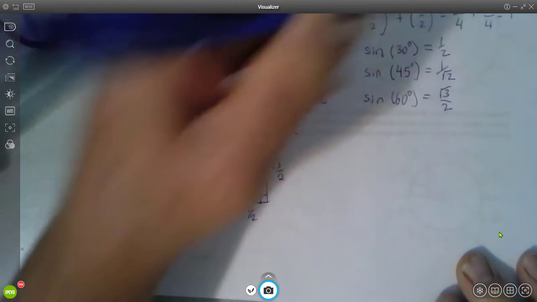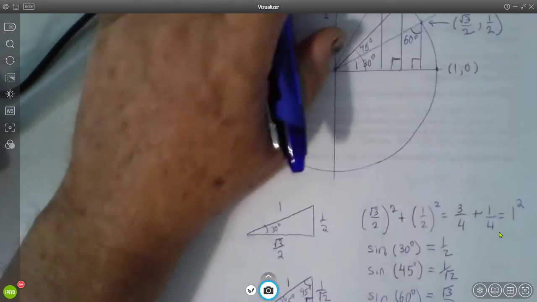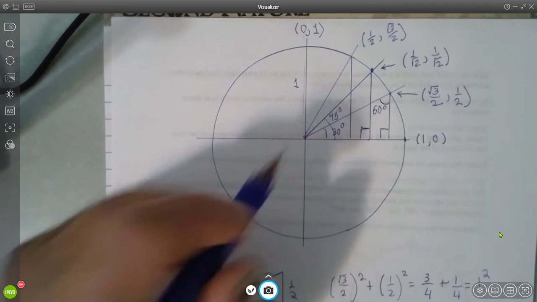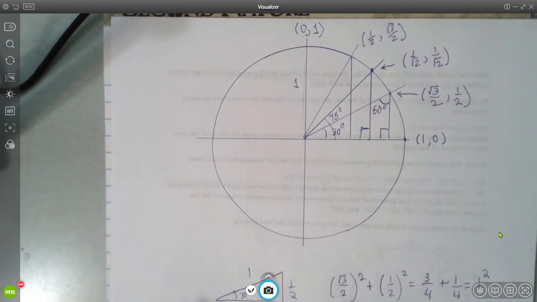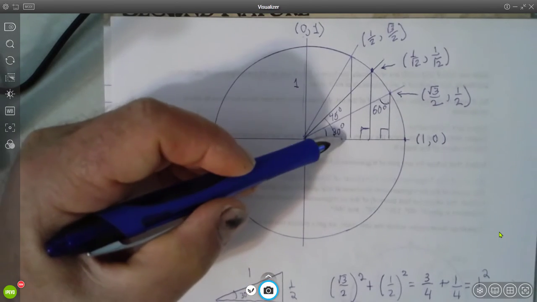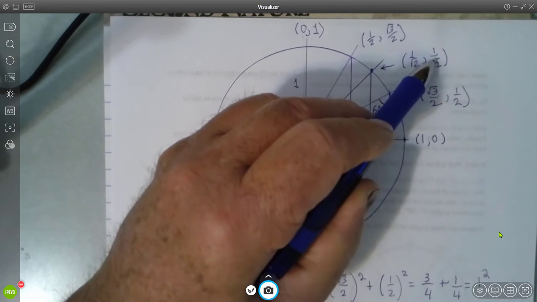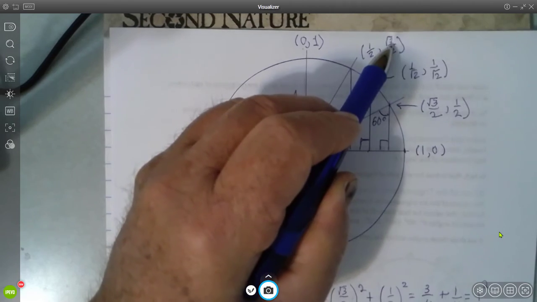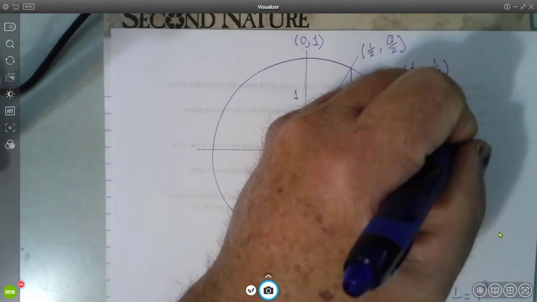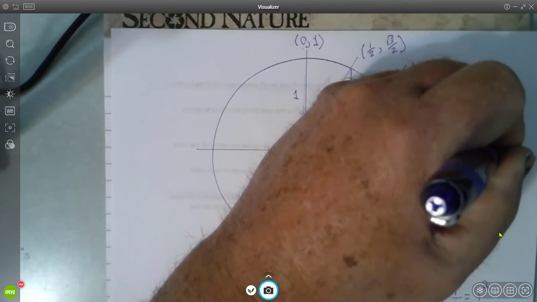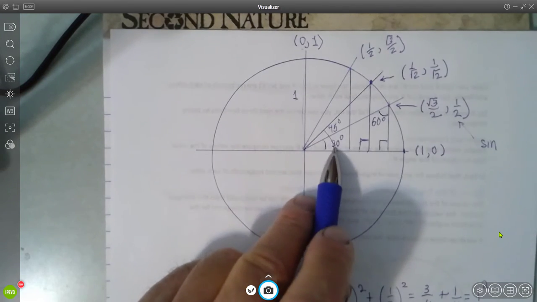So what we're getting here, 1/2, 1 over root 2, root 3 over 2, notice those are occurring right here with the 30 degrees, 1/2, 1 over root 2, root 3 over 2. These y coordinates here, those are the sines of the angle here.